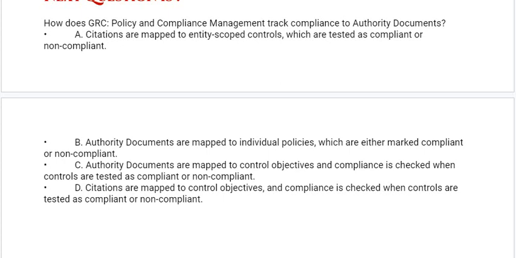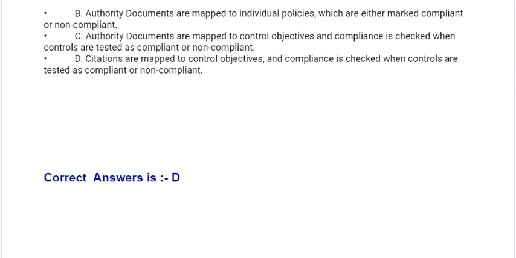Option C. Authority documents are mapped to control objectives and compliance is checked when controls are tested as compliant or non-compliant. Option D. Citations are mapped to control objectives and compliance is checked when controls are tested as compliant or non-compliant. Correct answer is option D.